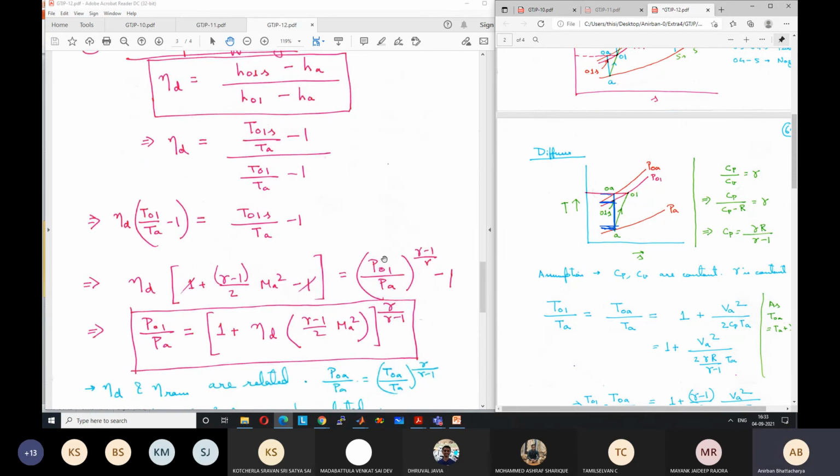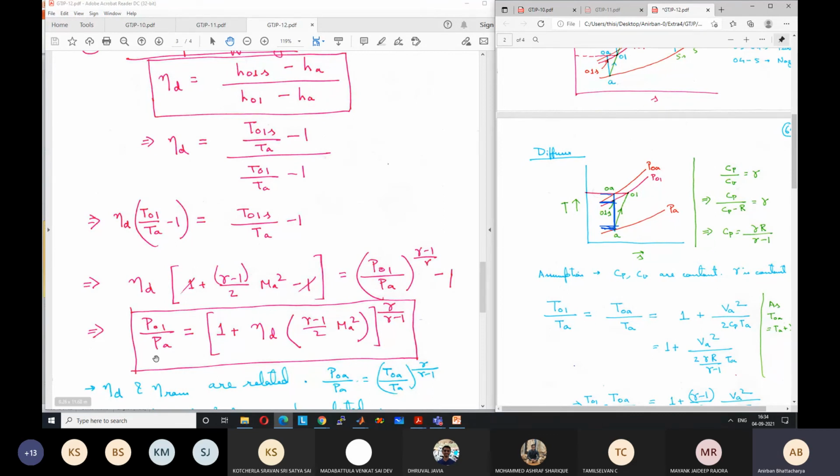Now we have obtained a relation where we use the value P01. If you rearrange the terms, (P01 by PA) to the power gamma minus 1 by gamma is equal to 1 plus eta d (gamma minus 1) by 2 Ma squared. You have just taken the 1 to the other side.